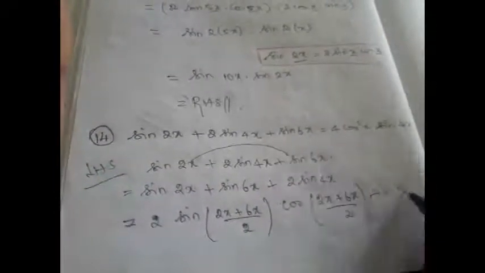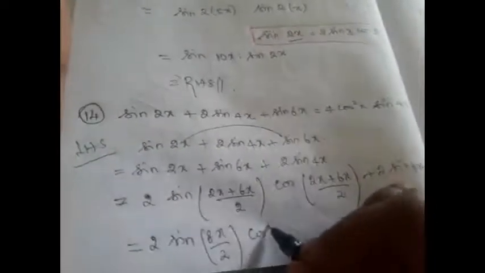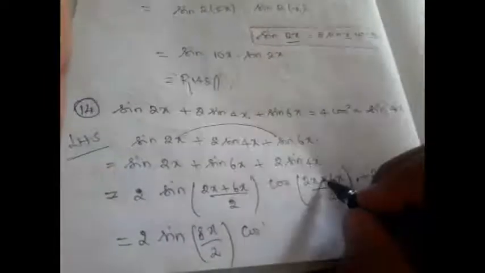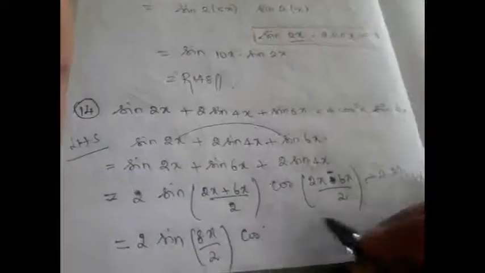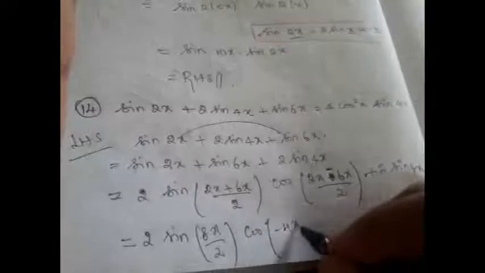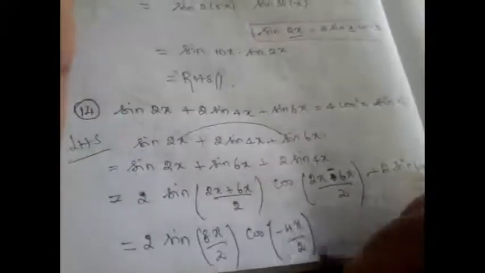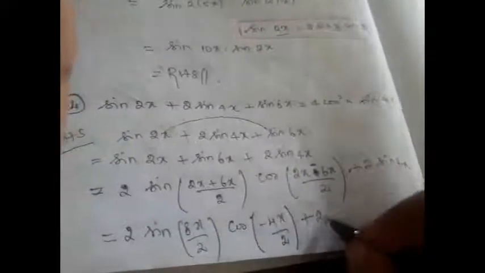We are not doing anything with this term, so retain it as such. This is equal to 2 sin 8x divided by 2 into cos, this should be minus, right? So this will become cos of minus 4x divided by 2, plus 2 sin 4x.